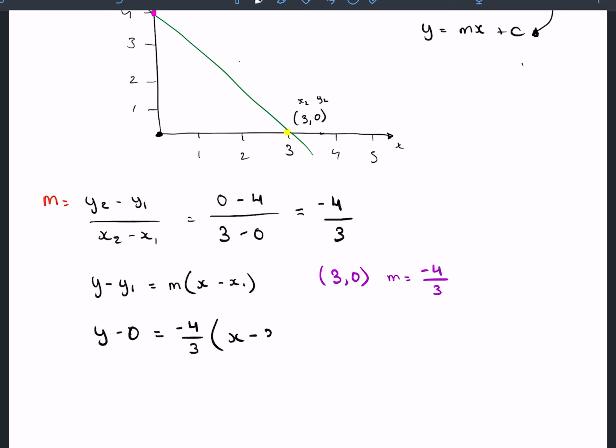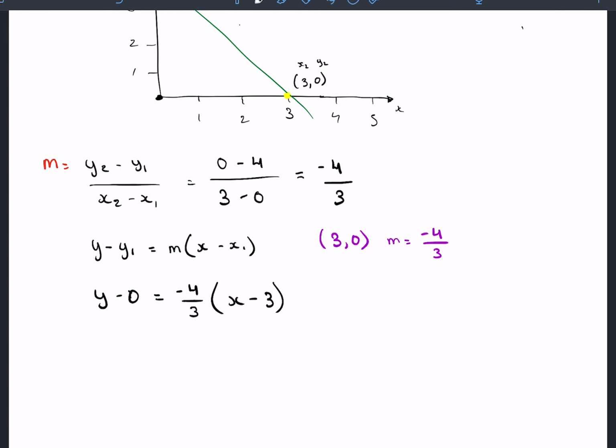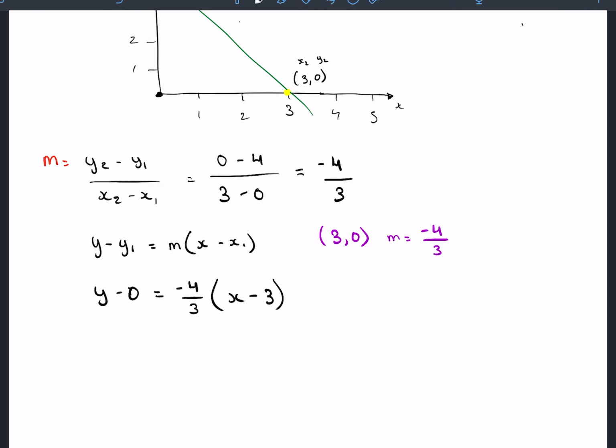Yes, our x1 value minus 3. So we can just rewrite this, y minus 0, anything subtracted by 0 is itself. So we just write y is equal to negative 4 over 3 multiplied by x subtract 3.